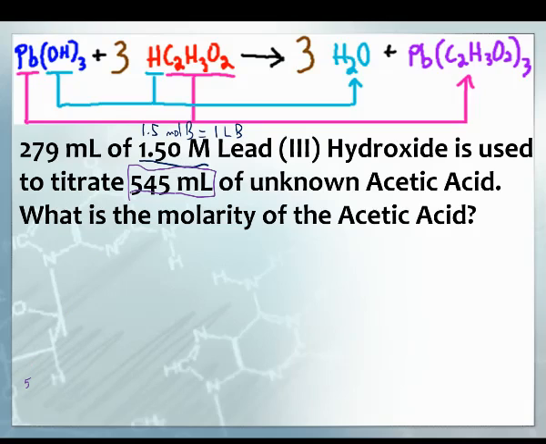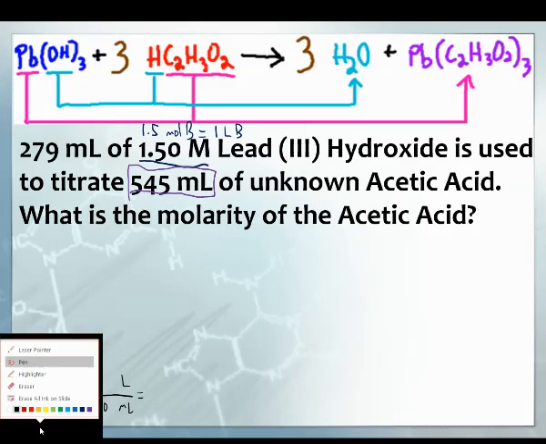We are going to have our 545 milliliters. And all we're going to do with that is change that over to liters. I'm just going to do a quick little metric conversion. Milliliters down, liters on top. There is 1,000 milliliters per liter. And this is going to give me my first number.